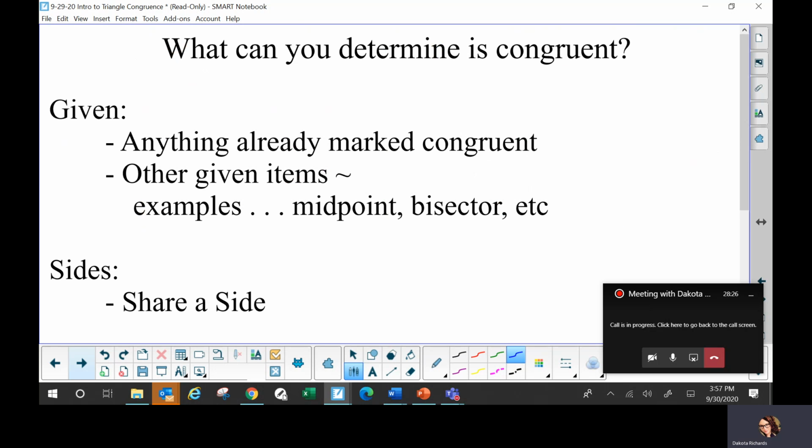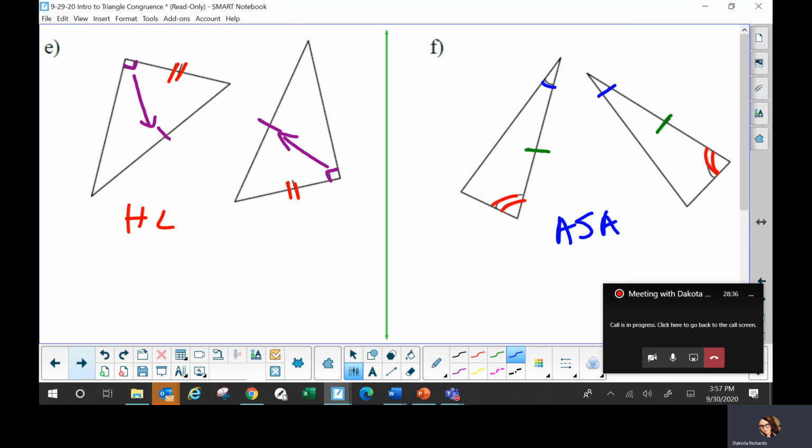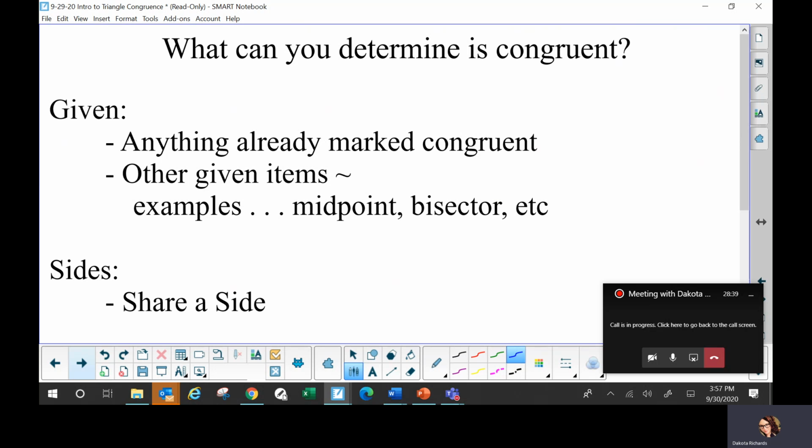Okay, sometimes you're going to have to fill in some missing information. So the stuff we've just done, these examples, everything was given to you. It's nice. You don't have to mark anything. But sometimes you're not going to be given that much information.